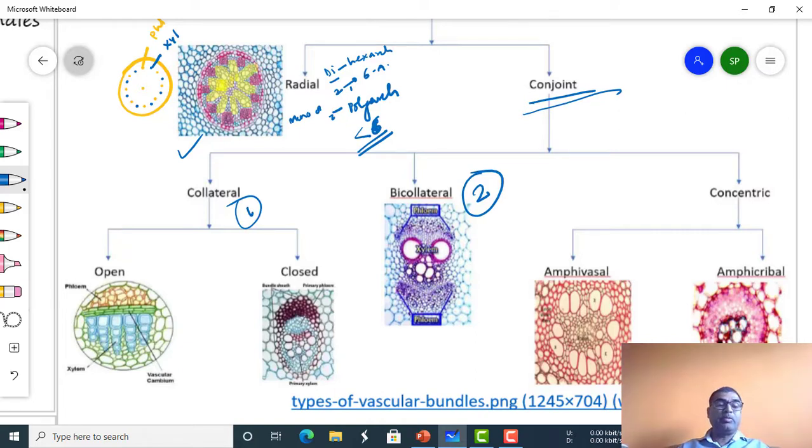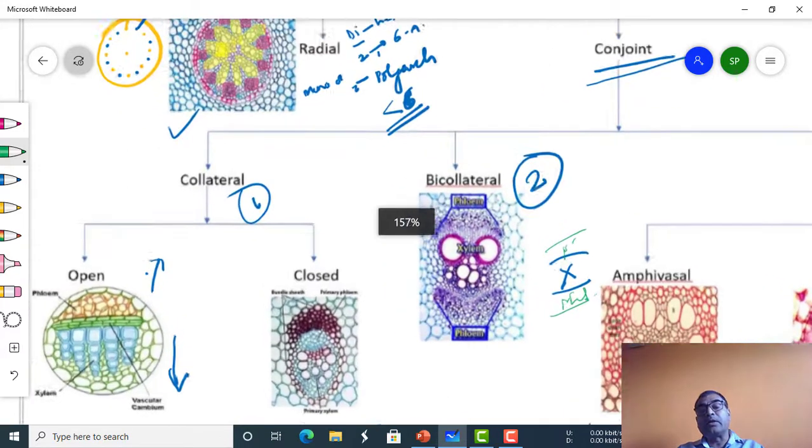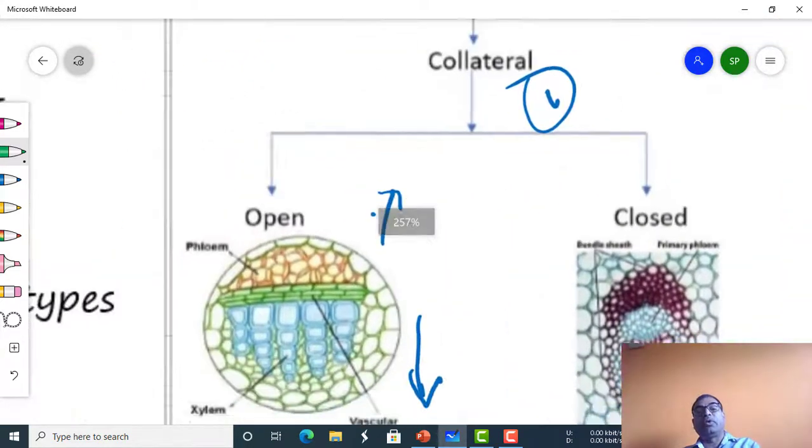In collateral type of bundle, phloem is present towards the upper side and xylem is present towards the lower side. While in case of bicollateral type of bundle, xylem is present in the center and is sandwiched by phloem from both sides. So this one is a collateral and this one is a bicollateral.